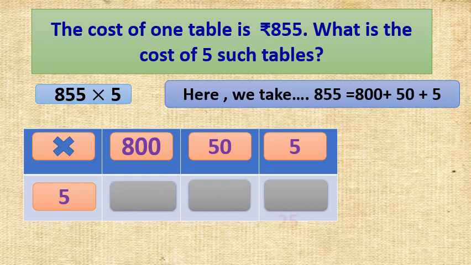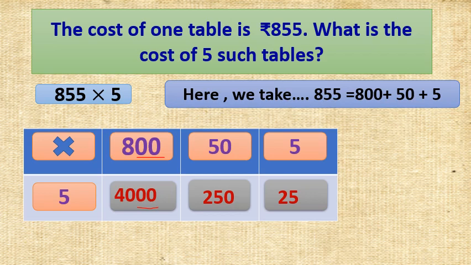So 5 5s are 25. Again 5 50s, means 5 5s are 25 and one more 0, that is 250. Now here 5 8s are 40 and 2 zeros. See here, 5 8s are 40 and these 2 more zeros, because 800.